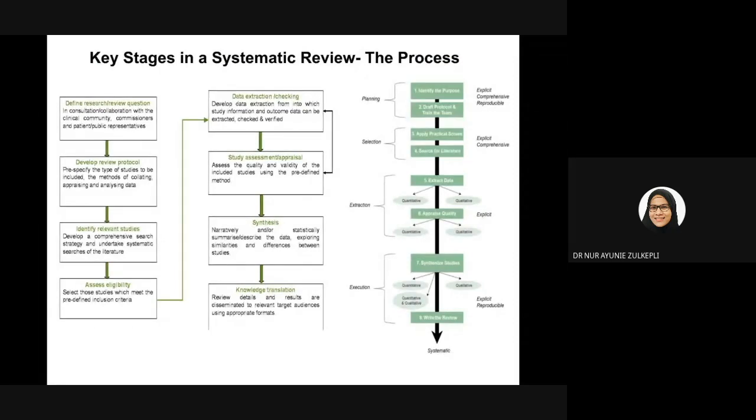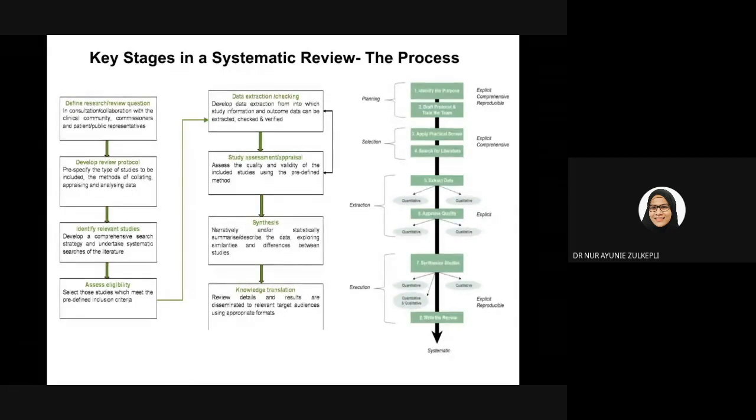Okay, so I made this flow chart here and also this one here to ease your understanding about the stages or processes in systematic literature review construction. The first one, you need to generate your research problem or research question, and then you're going to review your protocol. Which search strategy are you going to use?